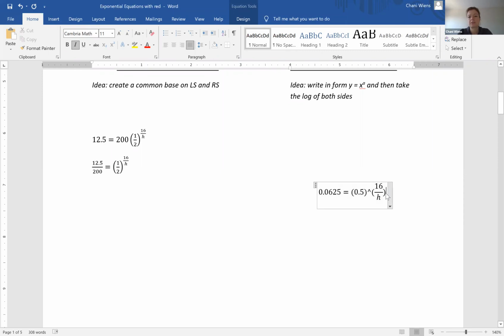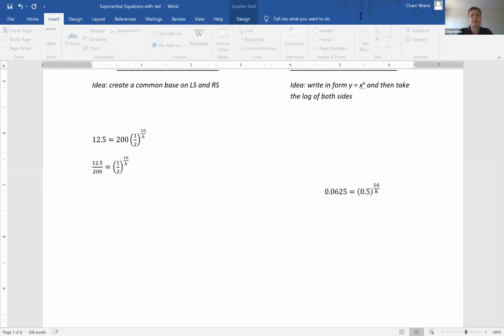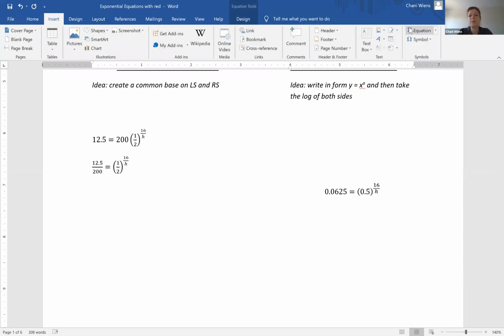That should actually show up as an exponent. There we go. Now we have a case where we have just a number equaling a power.